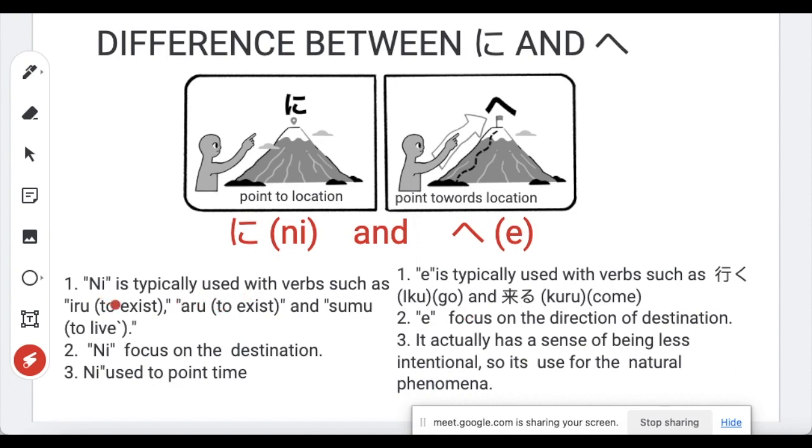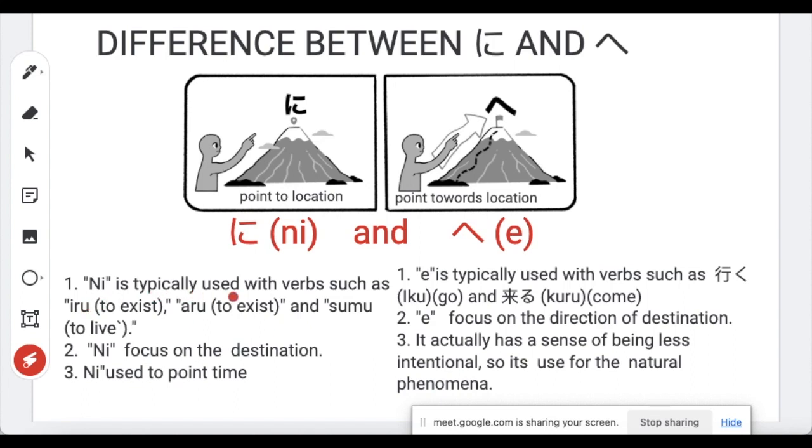I tried to write down some differences to understand the use of ni and e, and I have written them so that we can define the difference when the meaning is the same.